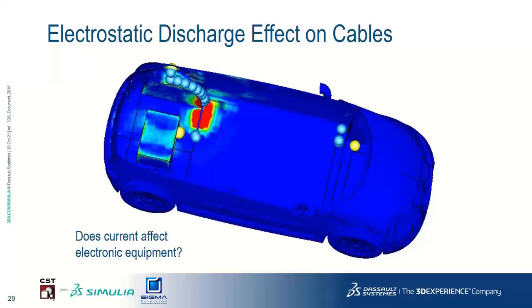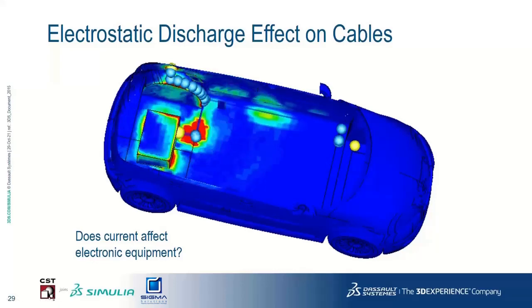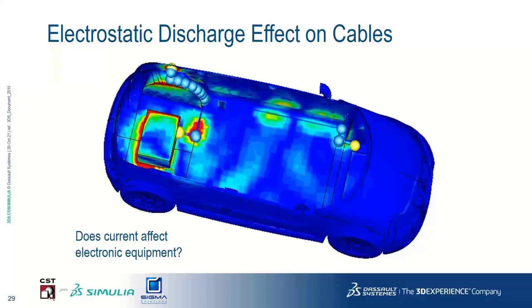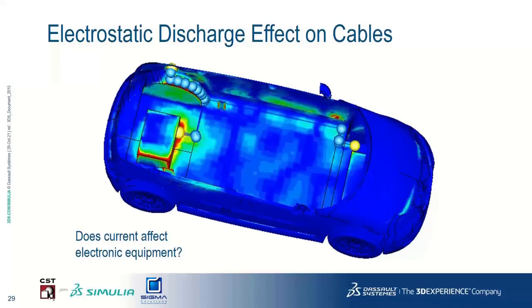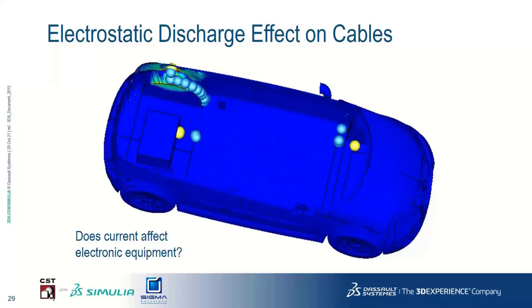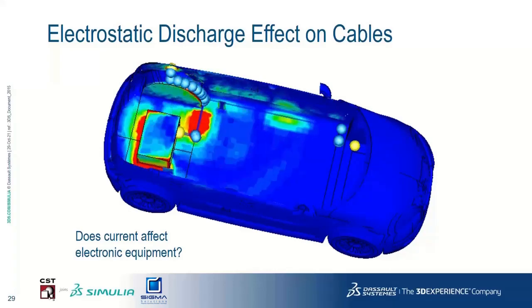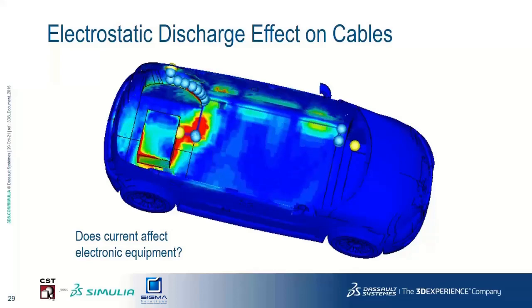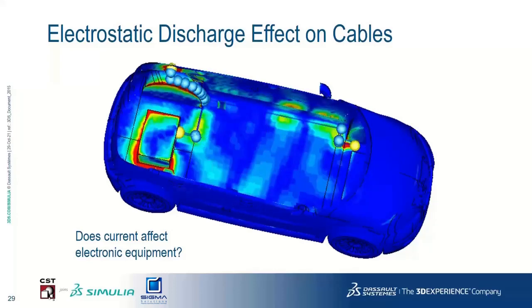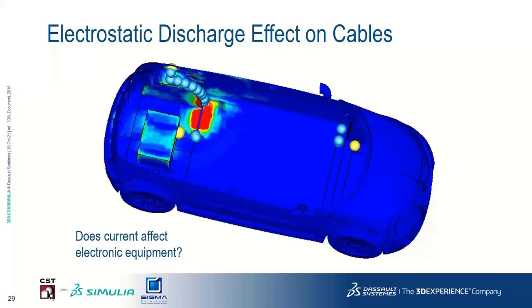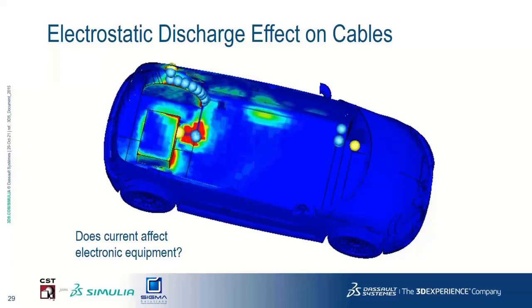Electrostatic discharge is one of the analyses you can look into here. So you have your cables, they are connected to your onboard systems, and you can imagine, right? You're driving, and then there's a charge building up because your clothes are rubbing against the driver's seat or whatever. Then you might stop at the gas station, or if it's an electric vehicle, you might stop at a place to charge it.